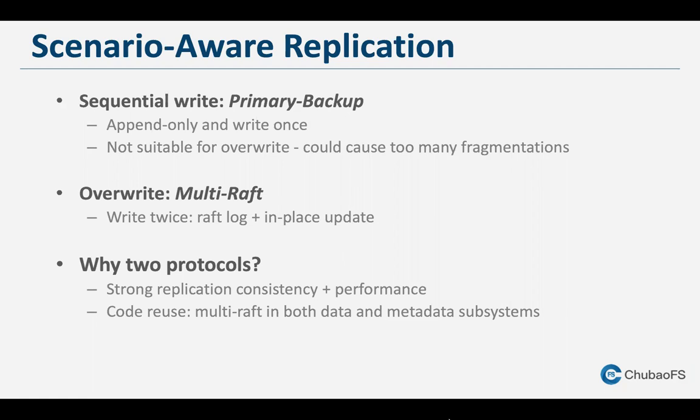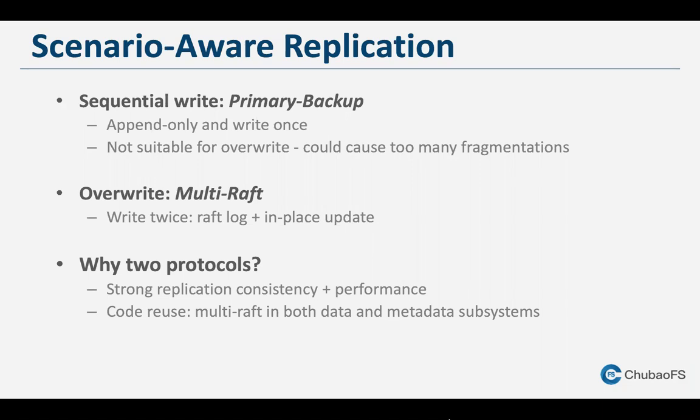For example, sequential write is known to have optimized performance because it's an append-only scenario. It only has one write to the disk, which is nice for us, but it's not suitable for overwrites.